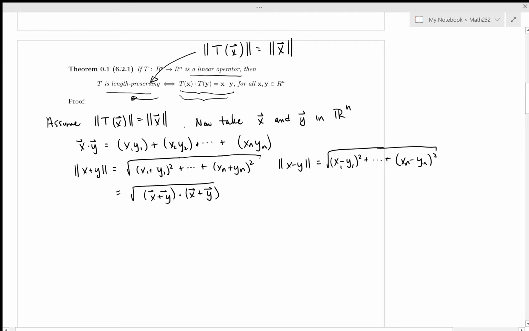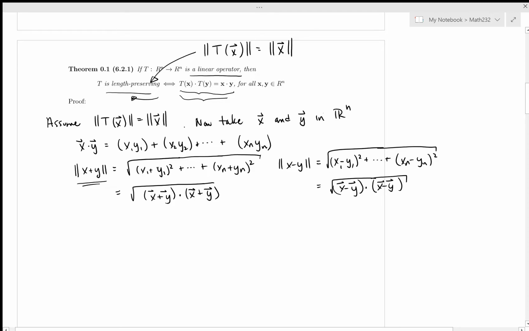We saw that directly from here earlier on. And similarly, this one here is the square root of (x minus y) dot product with (x minus y).